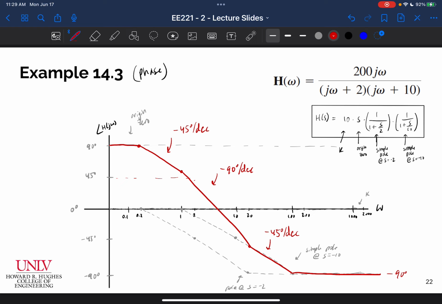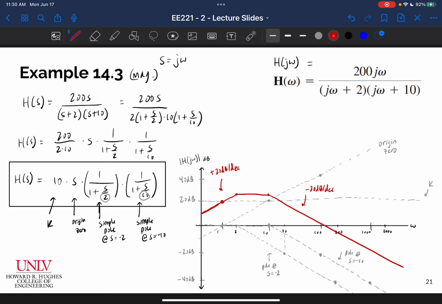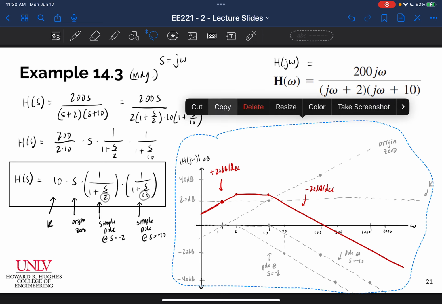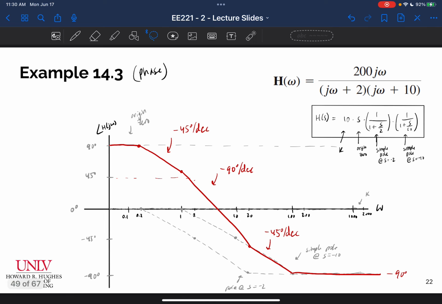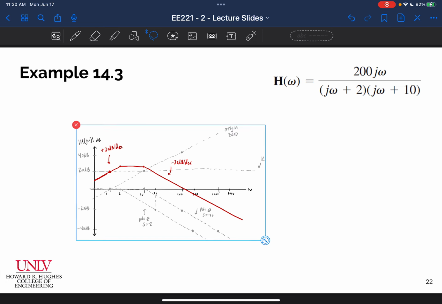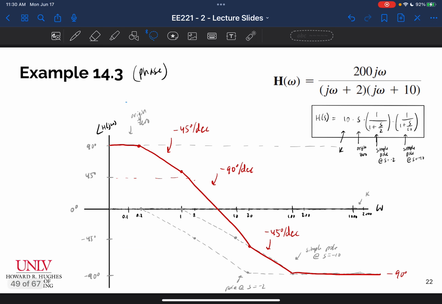So let me just add one more slide of the current template. And let's get our magnitude and our phase, and we'll put them together with the transfer function just for completeness. Okay, so let me copy this. I'll put that here, shrink it. So that's our magnitude plot. And then we'll do the same for the phase.